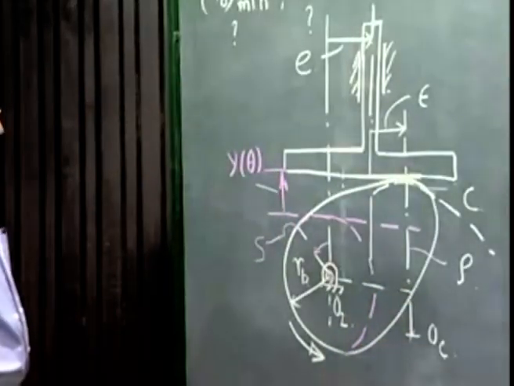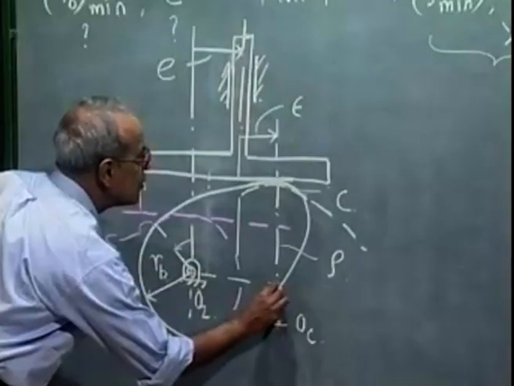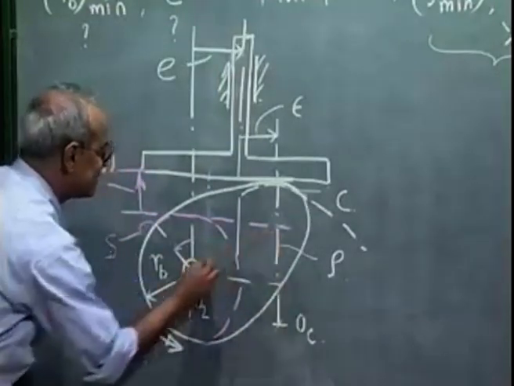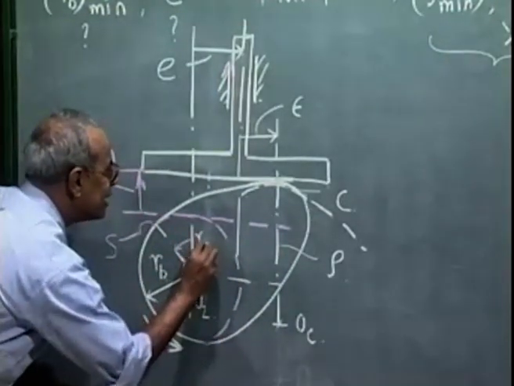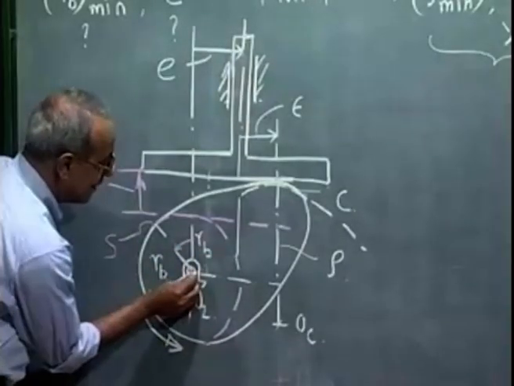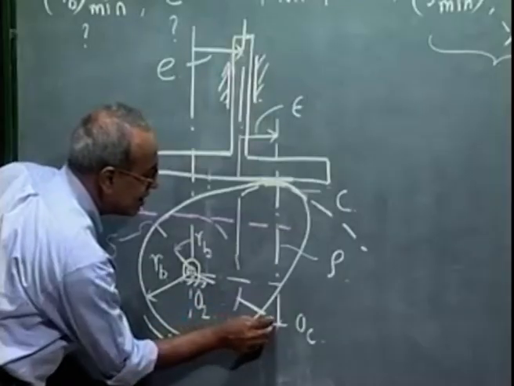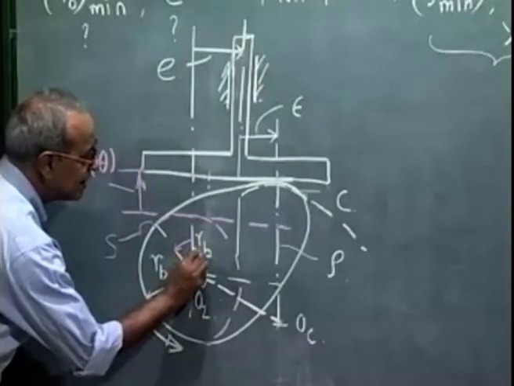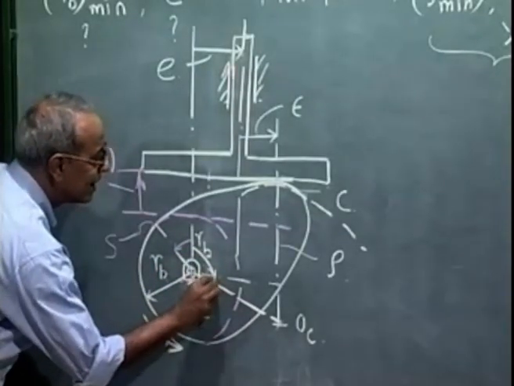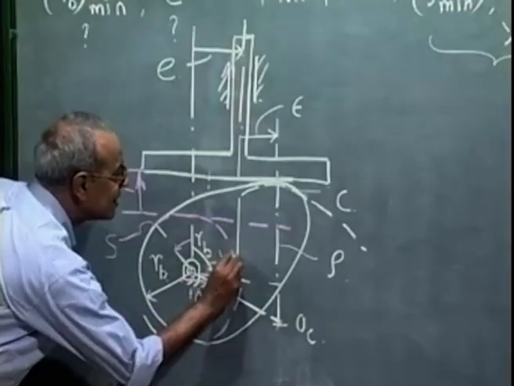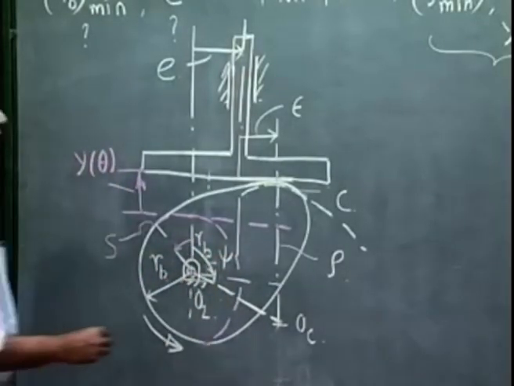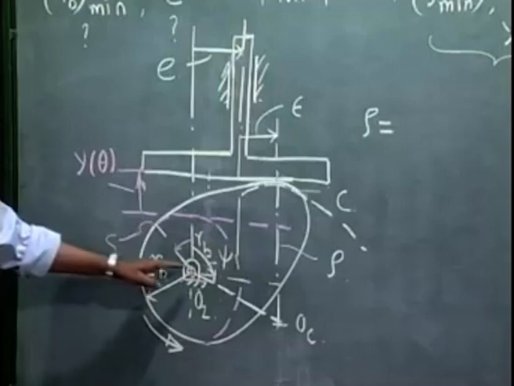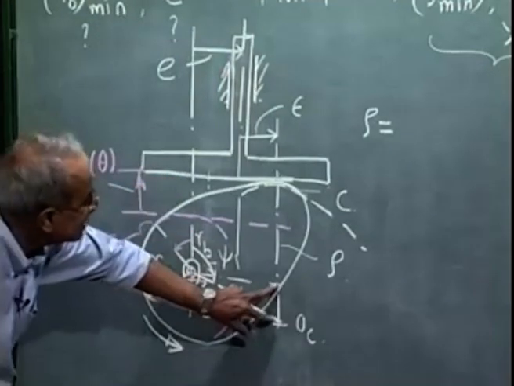So what we can see, what is the expression for this rho? That is this distance plus this distance plus this distance. This distance is y and this distance is nothing but RB. If I join these 2 points O2 and OC, and if I call this angle psi, then we can write the radius of curvature rho is nothing but RB plus y plus this vertical height.